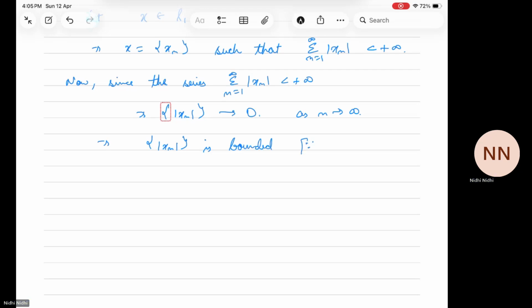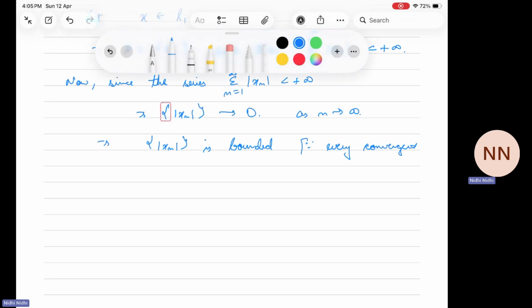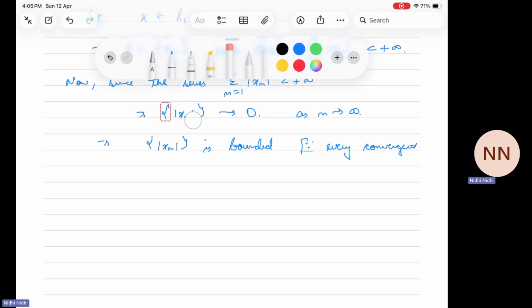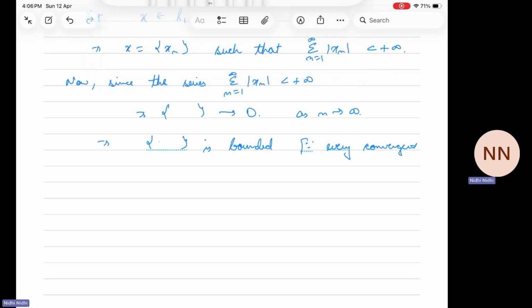In fact, since mod xn is converging to 0, xn will also converge to 0. So this modulus will not be any issue. Every convergent sequence is bounded.